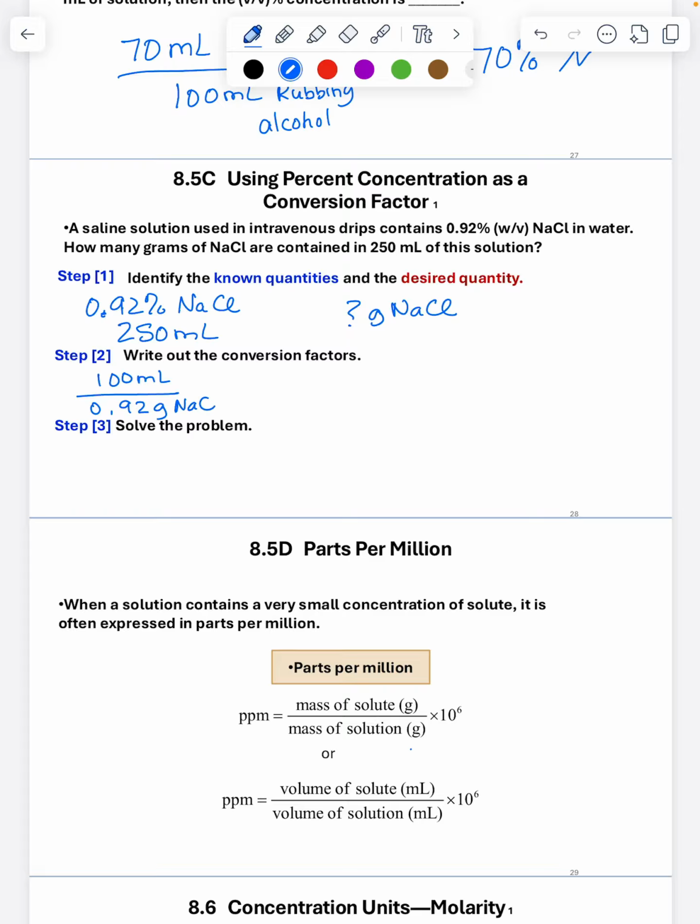And so we want to choose the conversion factor that is going to allow us to change from milliliters to grams.